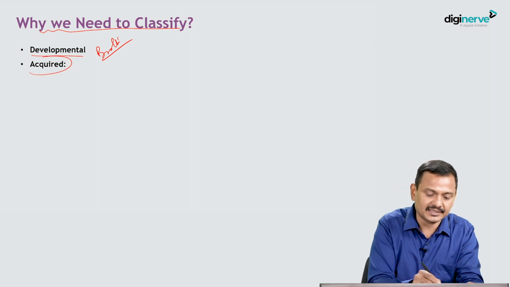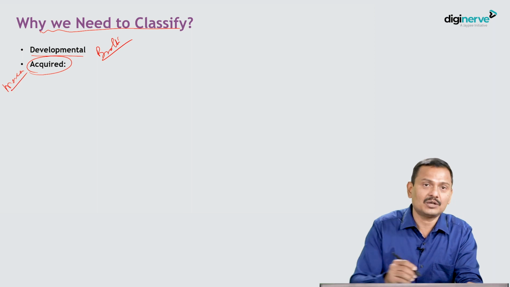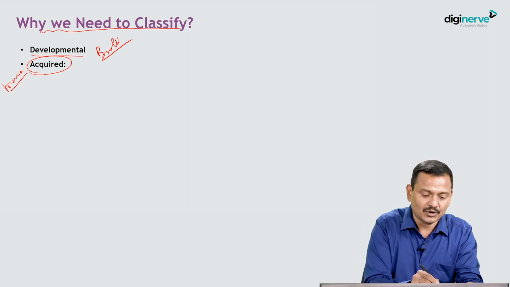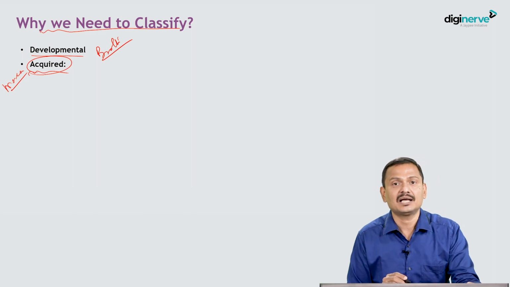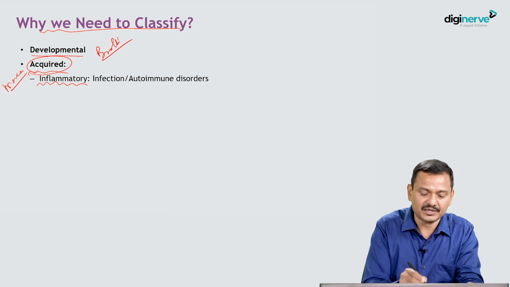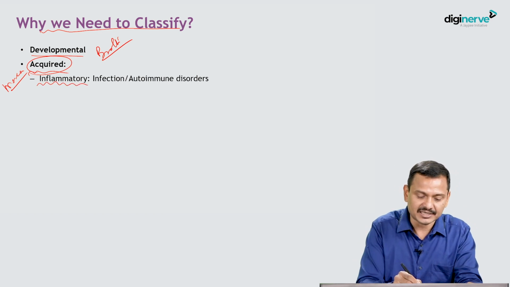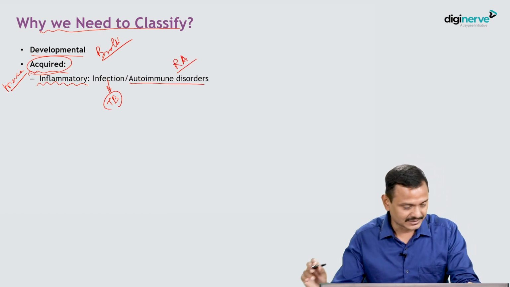The second category is acquired, and this is more common because almost 95 to 99% of diseases that we study will be categorized under acquired diseases. The first of all is inflammatory. Inflammatory can be infective, like tuberculosis, or an autoimmune disorder like rheumatoid arthritis.